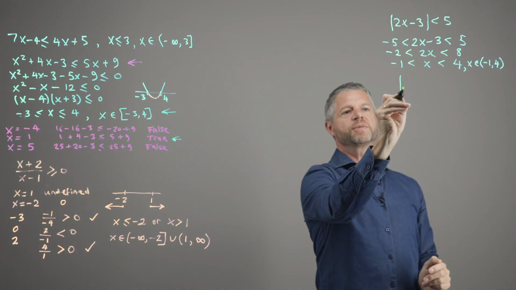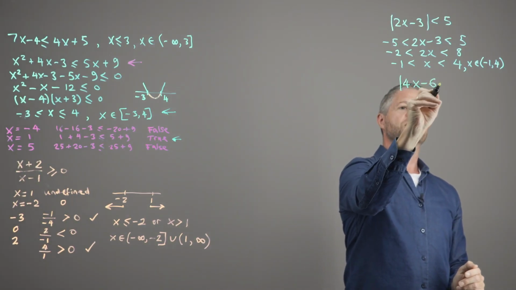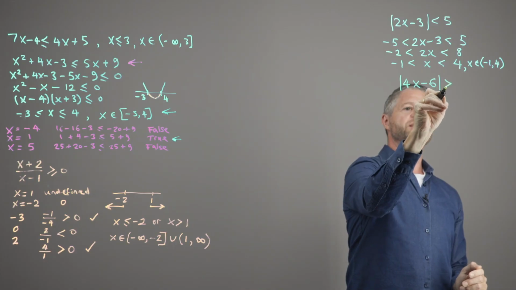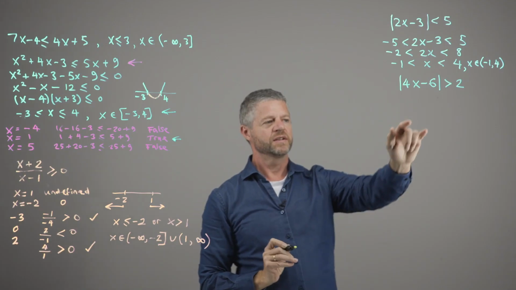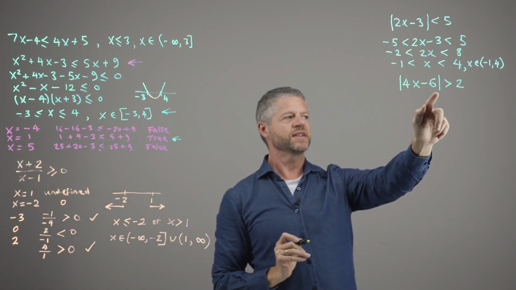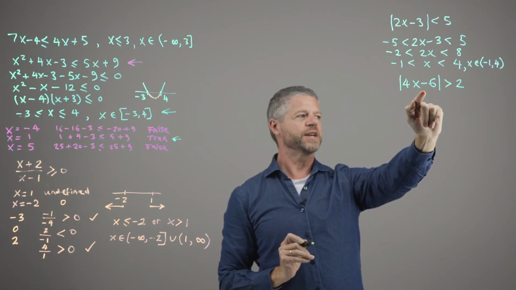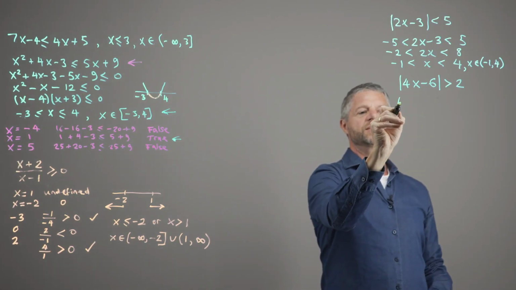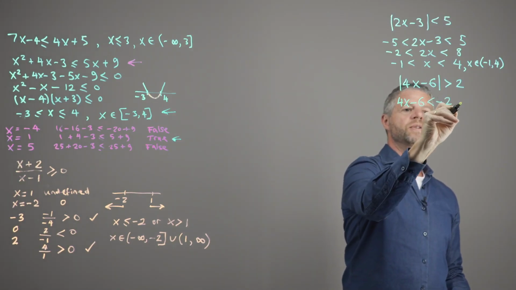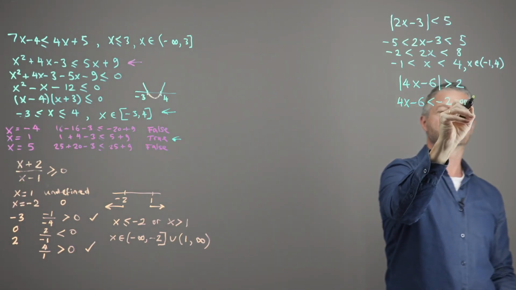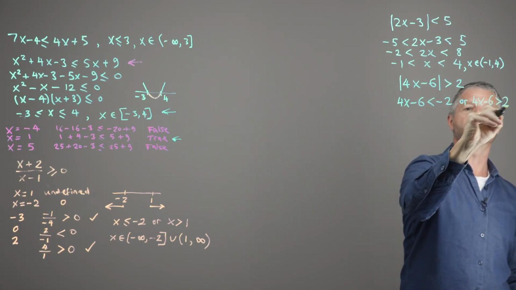Let's do another type of example with an absolute value in it. Let's do |4x minus 6| greater than 2. So thinking about what this means, it means that the number represented by 4x minus 6 is either less than minus 2 or 4x minus 6 is greater than plus 2.